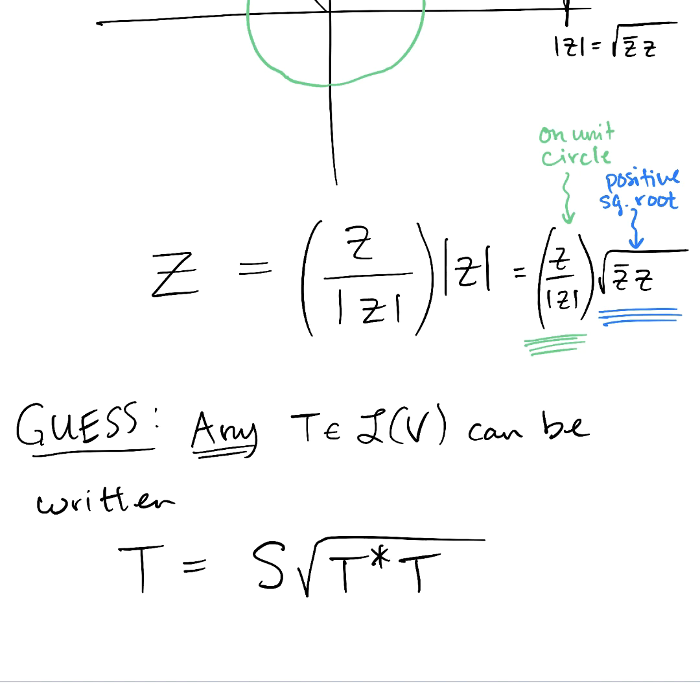So this piece here is a positive square root of T star T, and this part here is an isometry.